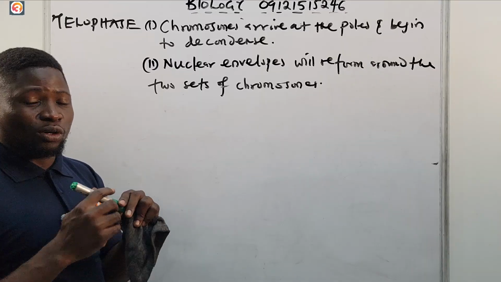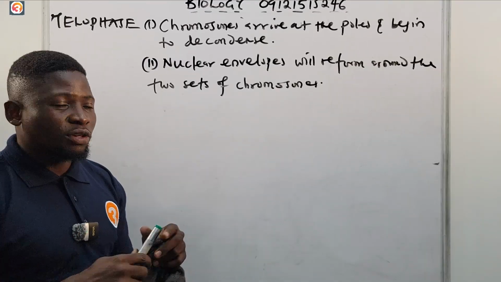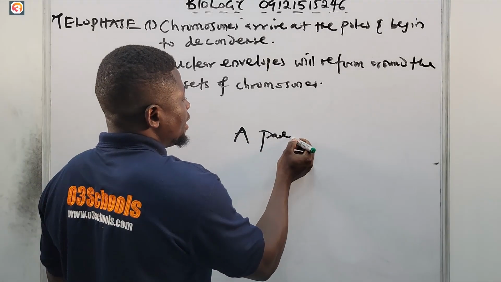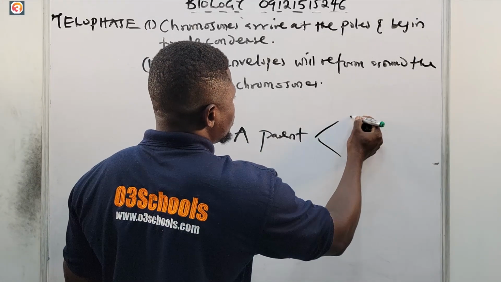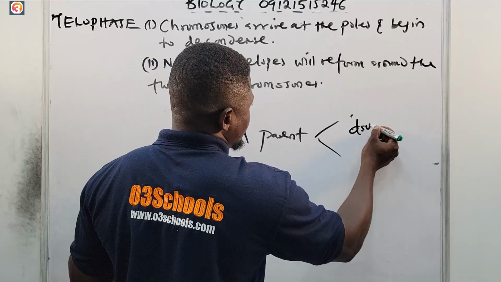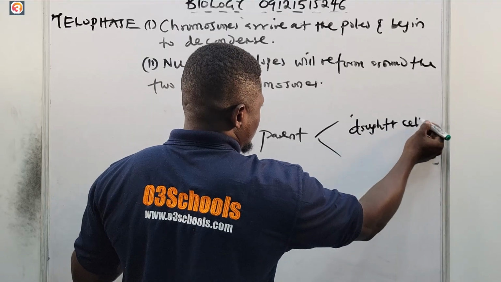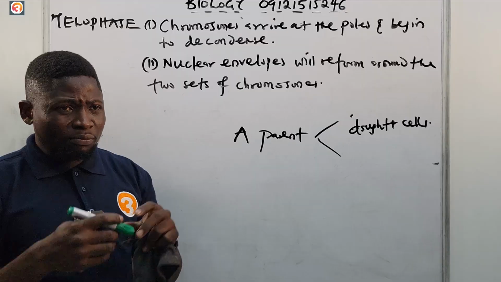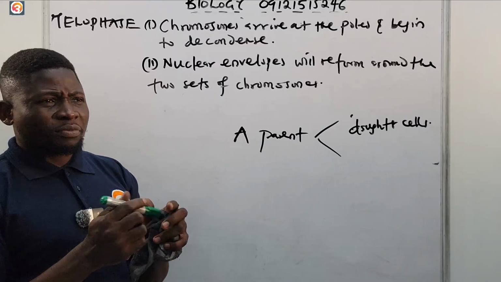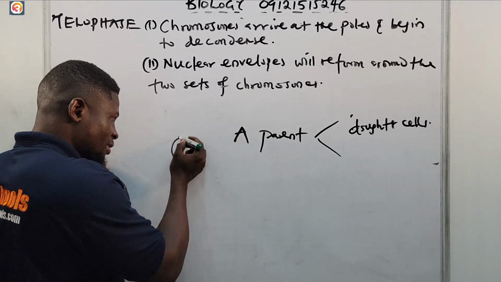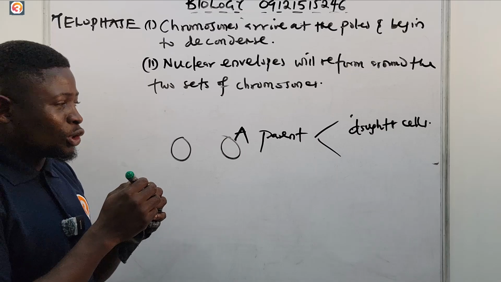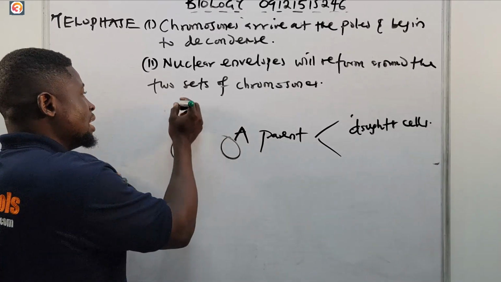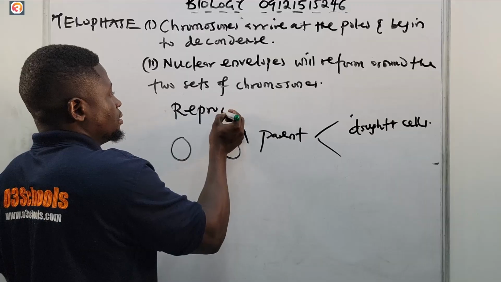Now that takes us to meiosis. In mitosis, we say that a parent cell is dividing into two daughter cells. But what happens when we have two parents? This time, not just one parent, just like in our reproductive cells.